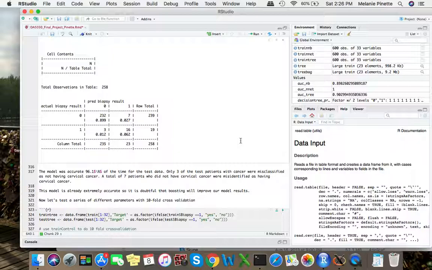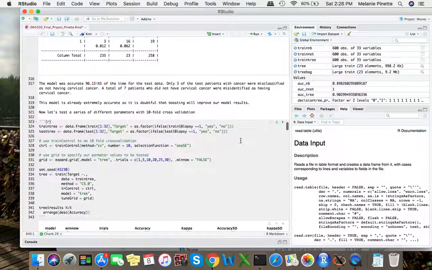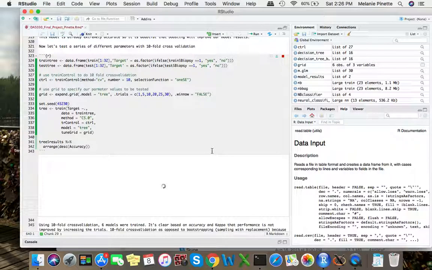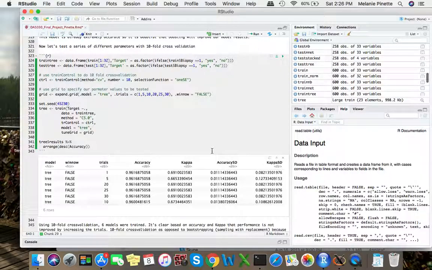This model is already extremely accurate, so it's doubtful that boosting will improve the results. So let's just check that a series of different parameters being tested with tenfold cross-validation might not give a better result. Let's just run that here. This shouldn't take too long.